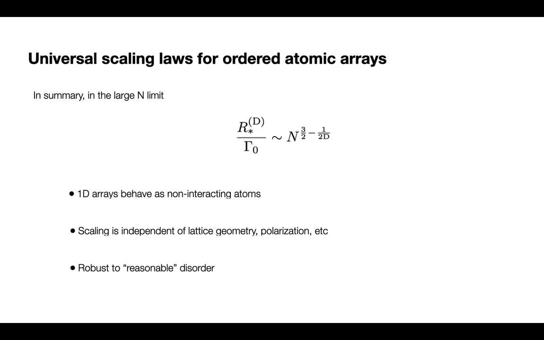And it is also robust to reasonable disorder, reasonable as in the disorder that you would find in an experiment. So if now I disorder everything such that I have a fully disordered cloud, this doesn't hold. It doesn't mean that we cannot obtain a scaling law for that system. I just cannot promise that it will be this one.